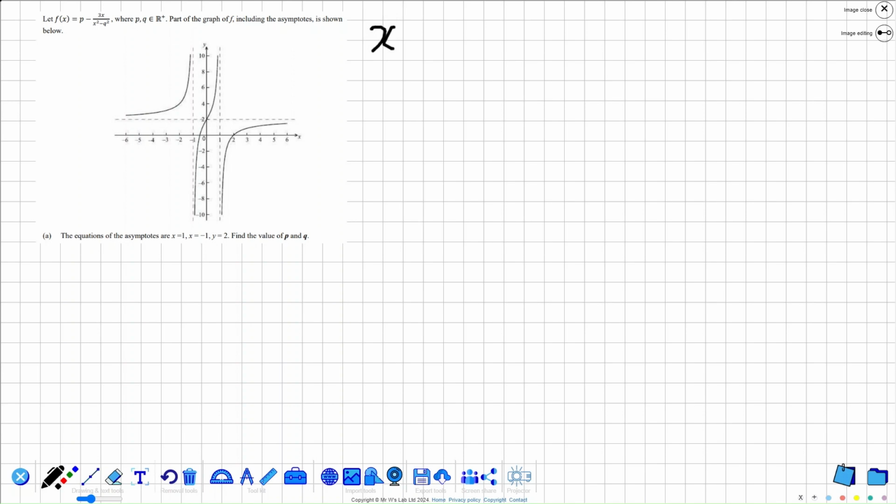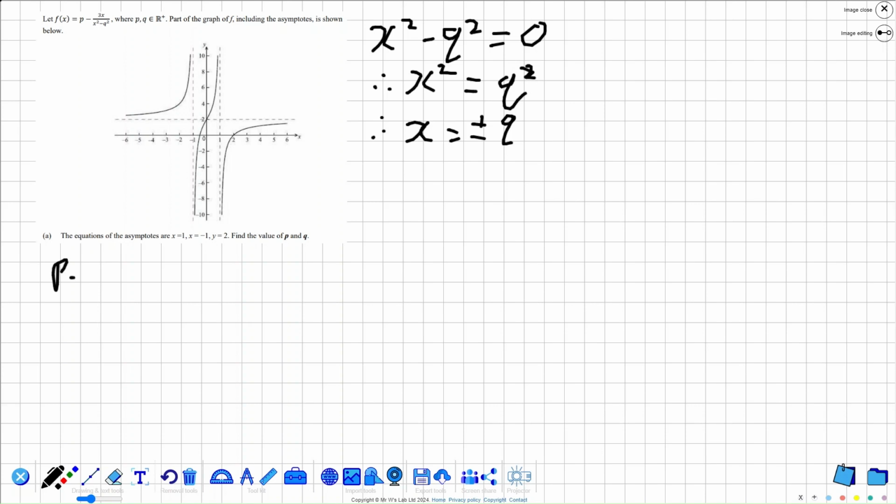So when x squared minus q equals 0, this is therefore x squared equals q, therefore x equals plus and minus the square root of q.